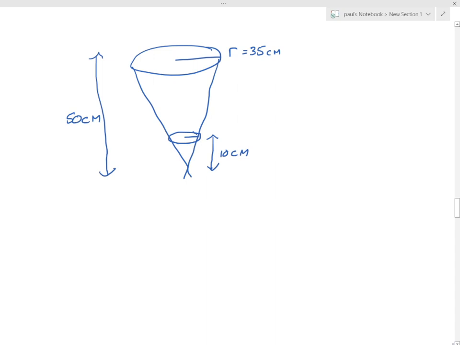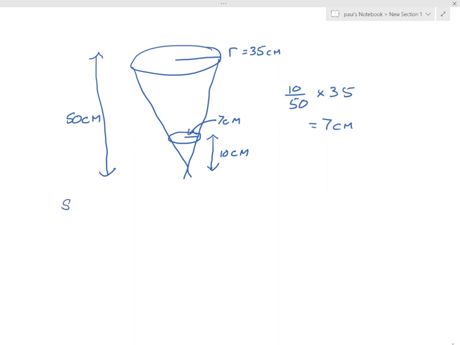So we need to find the radius of the small bit there. 10 divided by 50, the heights, and then we multiply that by 35. So it's 1/5 of 35, so 35 divided by 5 equals 7 centimeters. So now we've found out that that is 7 centimeters.